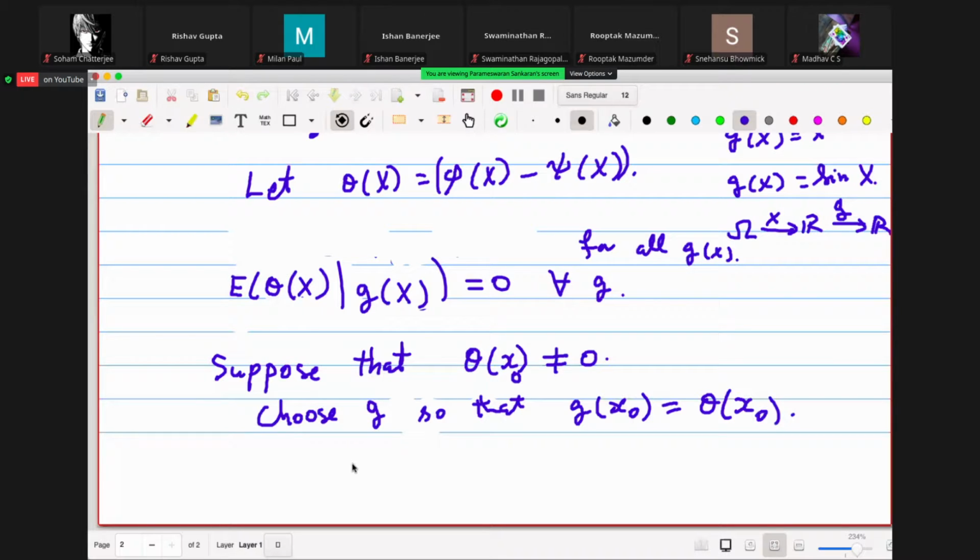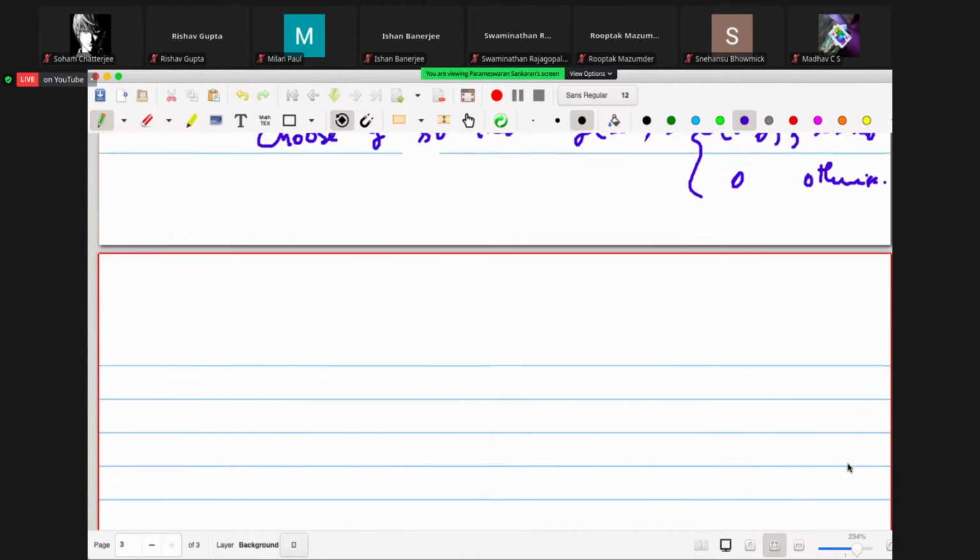Now compute, and g of x is 0 otherwise. So, this is actually if x is equal to x naught and 0 otherwise. And now let us compute what is the function that we get. This should help us compute it.